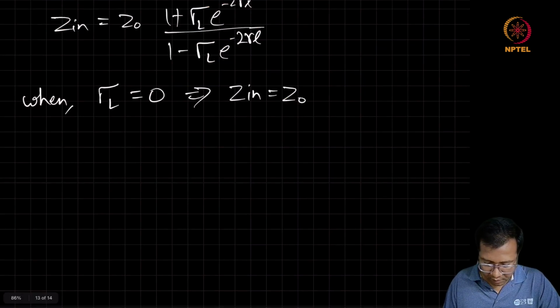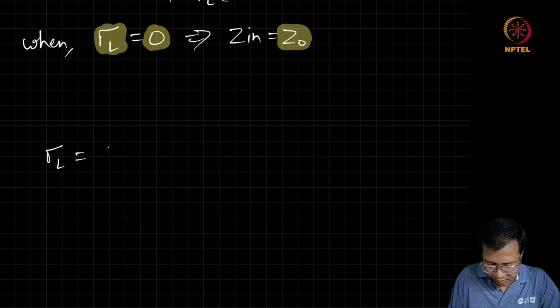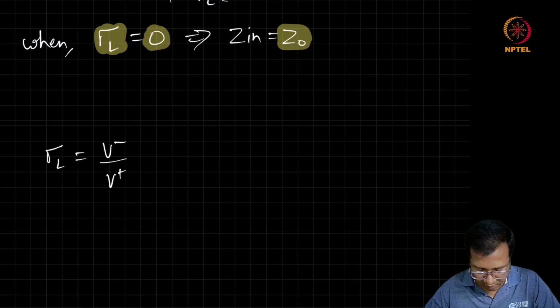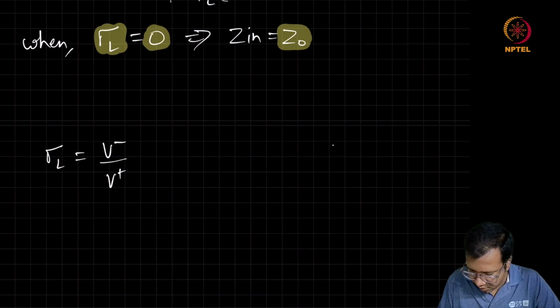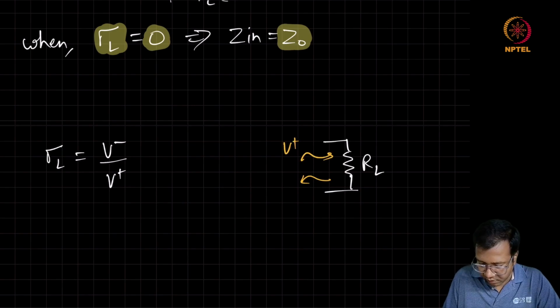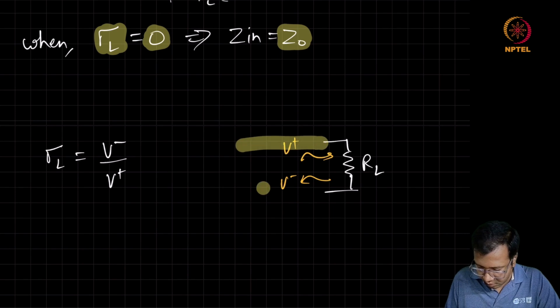So what is the meaning of gamma L being equal to 0? You can see that this gamma L is the ratio of V minus and V plus at the load side. At the load side, let's say there is a termination of RL, with V plus and V minus on the transmission line.